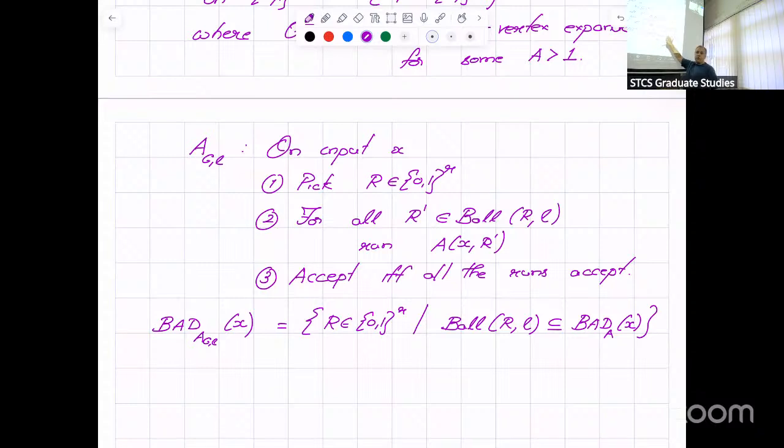Even if one of them goes outside, you're in good shape. That's the only case. And by the way, this is only true for X not in the language. It's actually true for both; for the other case the bad set is empty, and hence this will also be empty. So this statement is true for everything.